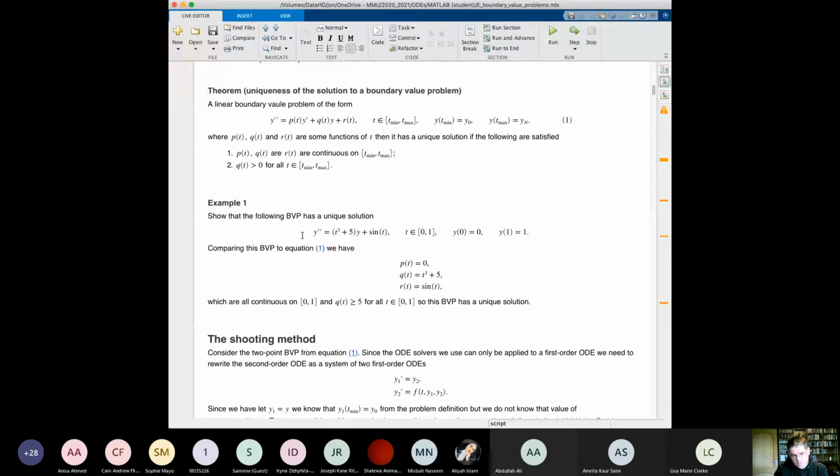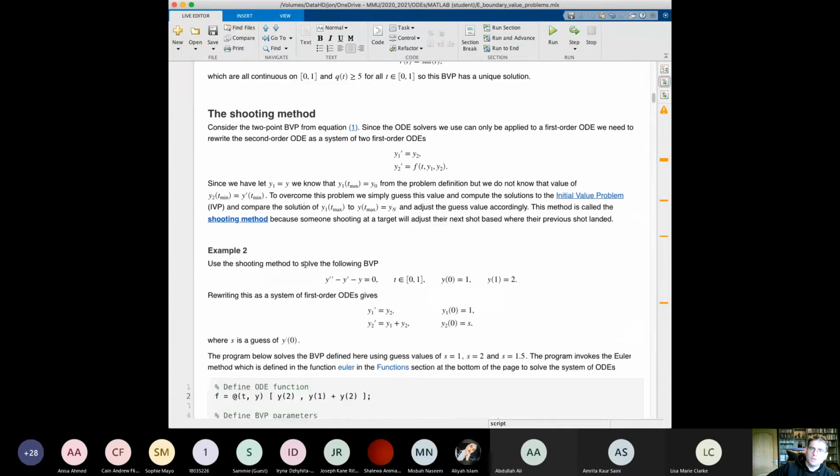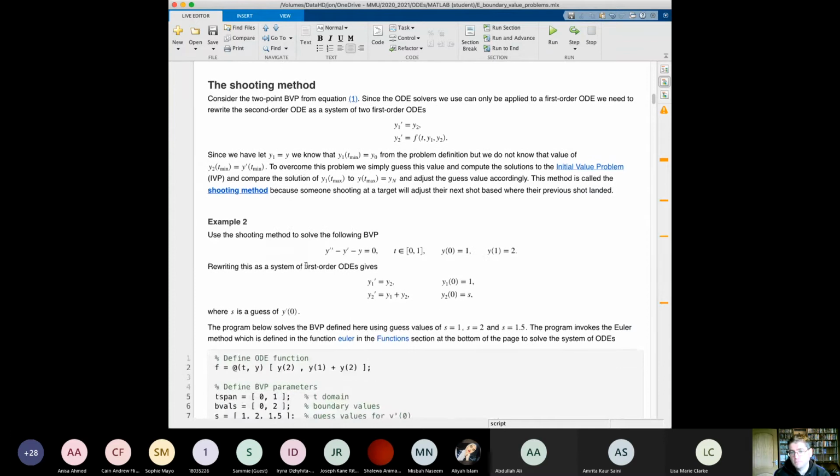Once we've established we have a unique solution, now we're going to have a look at two different methods for solving a boundary value problem. The first method is called the shooting method. Just imagine you're an archer shooting at a target, and you shoot your first arrow, and your arrow is slightly to the left of the bullseye.